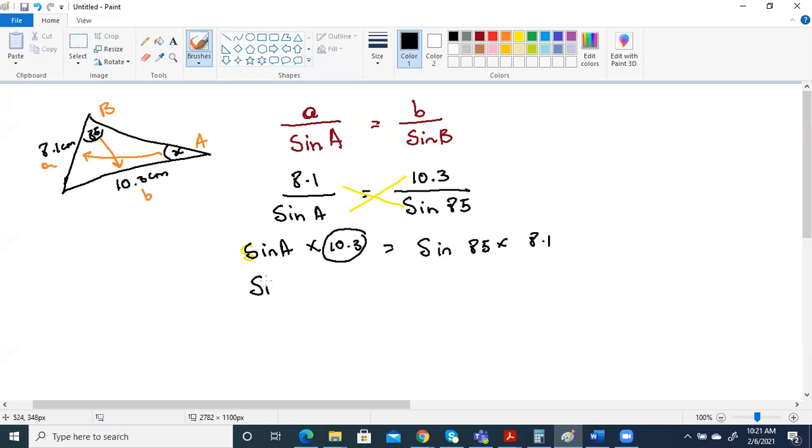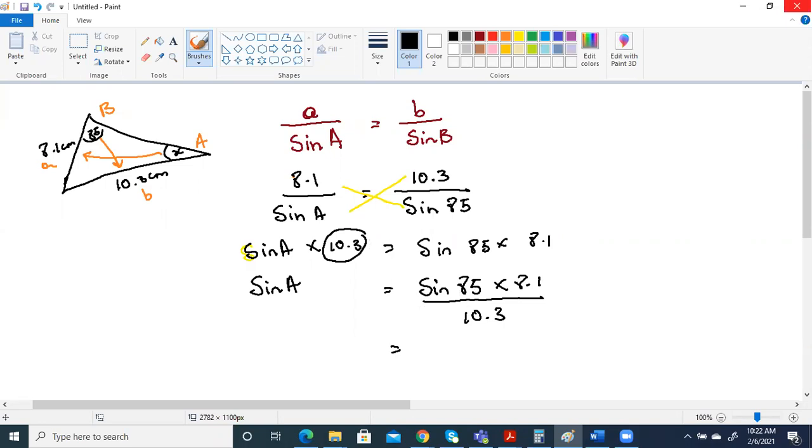So we're going to have sine A is equal to, and I'm keeping this because this was over here before, sine 85 times 8.1 all over this 10.3 here. So we can go ahead and plug in those values in the calculator. What is sine 85? Anybody have a calculator who can work it out? 0.996.